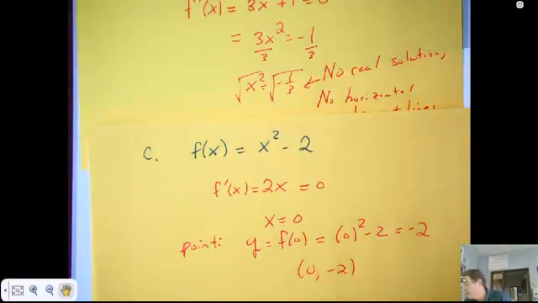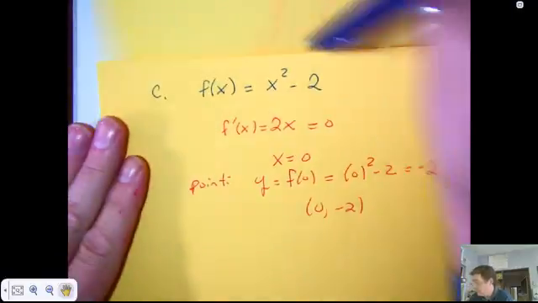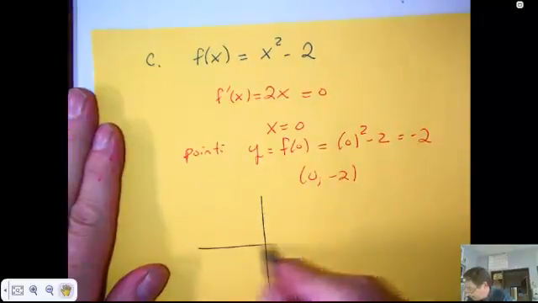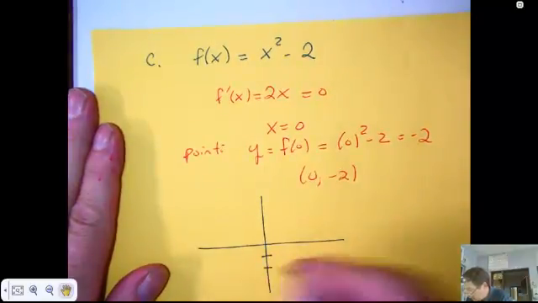Now, what really is significant about this point on this graph? There's something very significant about that. What does this graph look like? It's a parabola that's moved down 2, right? So in fact, if I were to sketch this out, we would have a parabola like this.